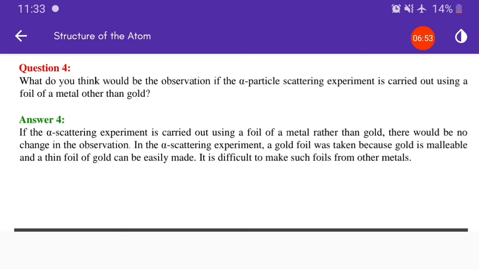In the alpha scattering experiment, a gold foil was taken because gold is malleable and a thin foil of gold can be easily made, and it is difficult to make such foil from other metals. That is the reason we use gold foil in this experiment.